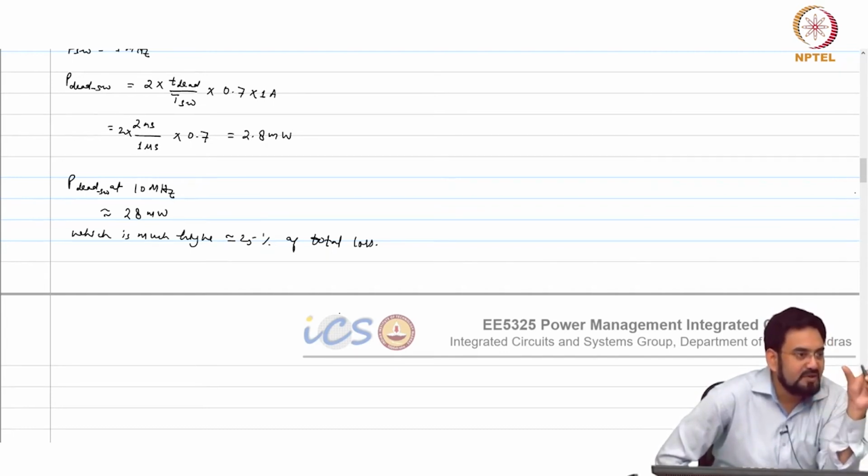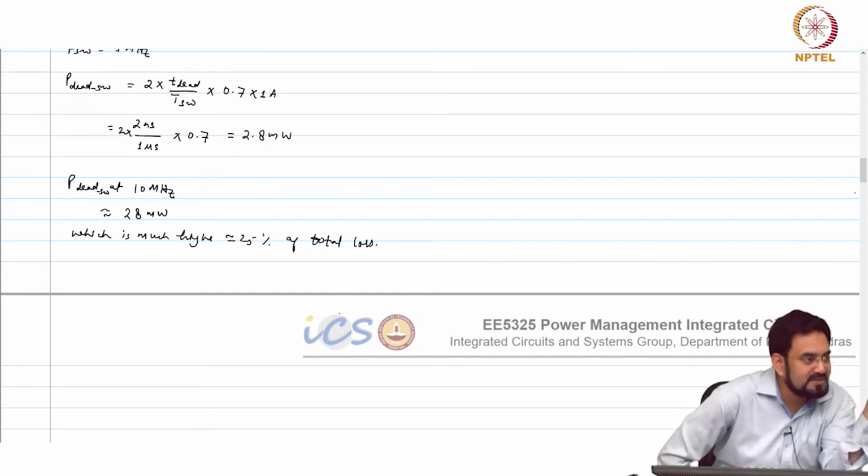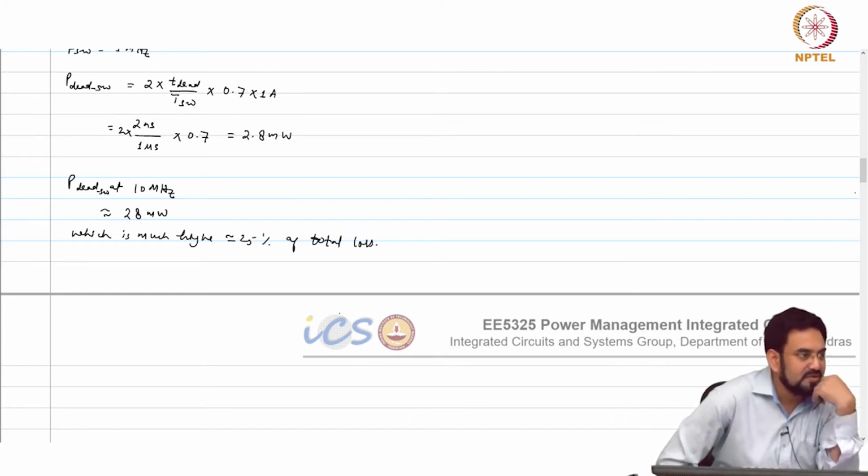That 10 milliwatt is the total of your I square R plus switching loss. I square R loss will automatically scale down because now your load is 1/10 roughly, and 1/10 means 1/100 will be I square R losses because it is square. So, that will not dominate in that case, but switching loss will start dominating and will limit your efficiency.